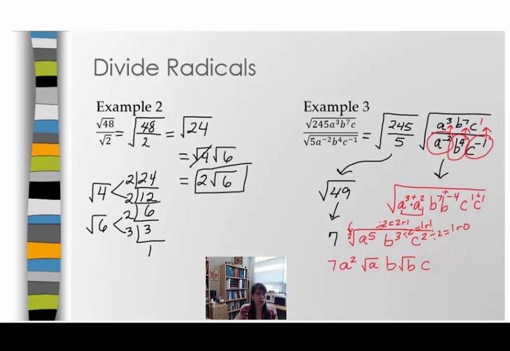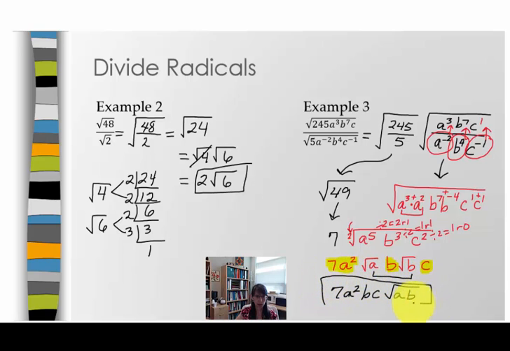So let's put everything in order now. All the terms that have cleared the radical is what we start with. That's 7a squared bc. And then we'll write down the terms that did not clear the radical. In alphabetical order, that would be the square root of ab. So our final answer is 7a squared bc multiplied by the square root of ab.